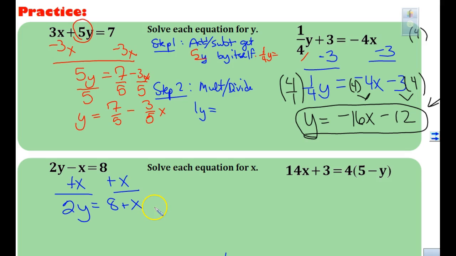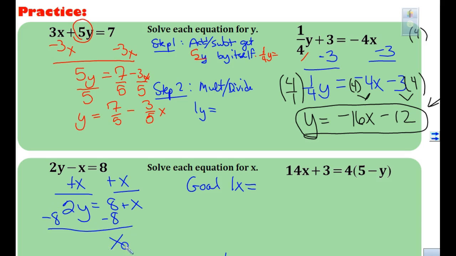Okay, so when we do these, we can't have any negative letters. When we solve for x, my goal is always to have one x, and I want it positive. Now, I will tell you that a lot of people subtract 2y here, and when they bring this down, they just put x equals, and they forget this negative out in front. So that's why I suggest adding it, and now just subtract 8 from both sides, right?